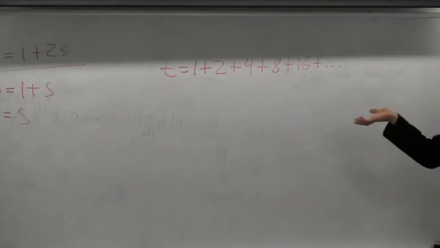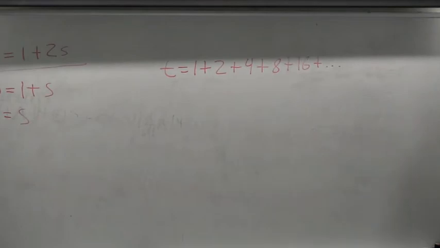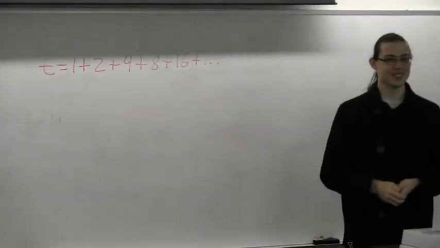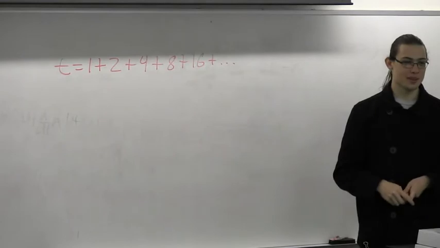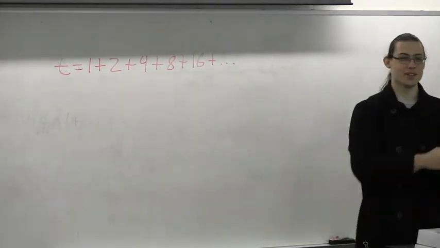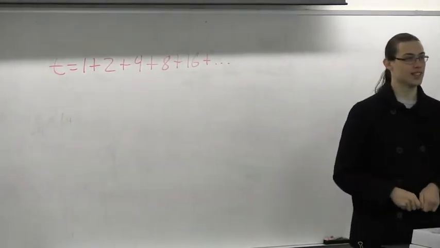Okay, so I have an infinite sum. I have 1 plus 2 plus 4 plus 8 plus all the powers of 2. So what does t equal? Infinity seems like a reasonable answer. Yeah. Okay.